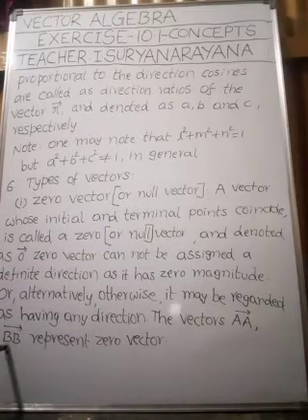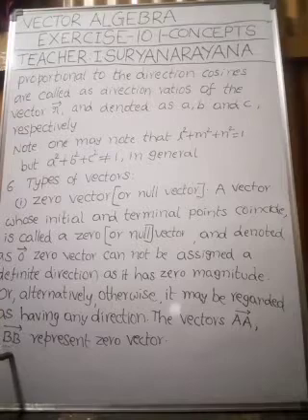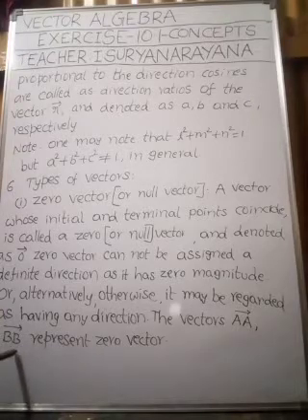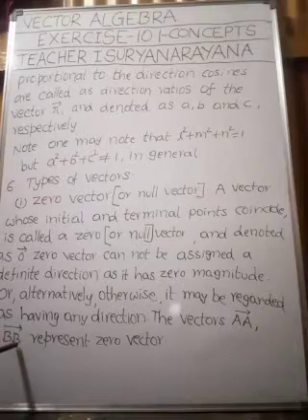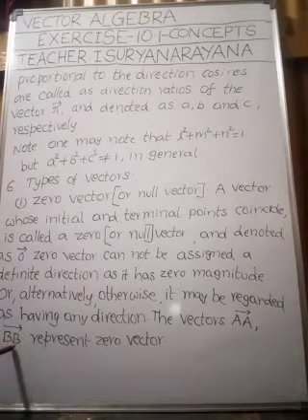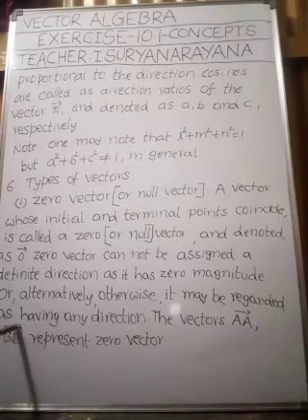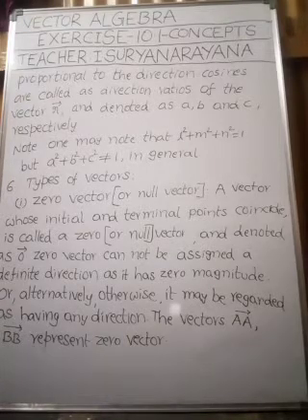Similarly, observe this notation, my dear children. What is the initial point? B. What is the terminal point of this vector? B. So initial point and terminal point are coinciding. That is why this vector denotes a zero vector. Understood this point, my children? Right.